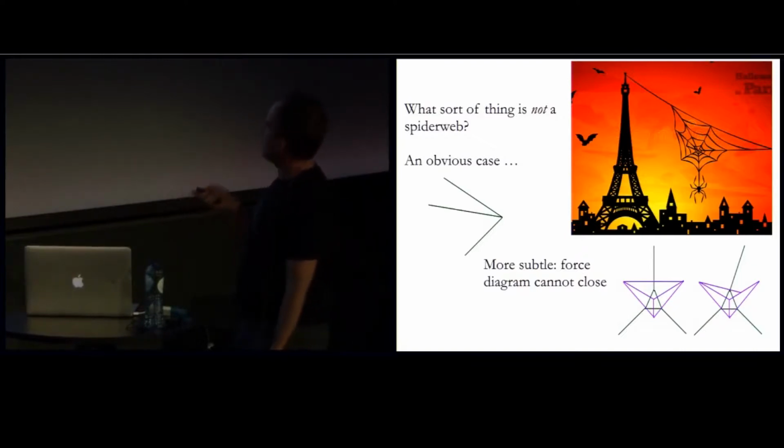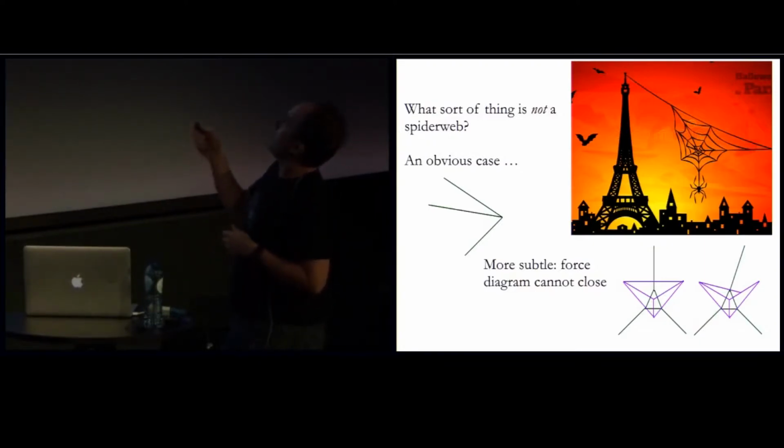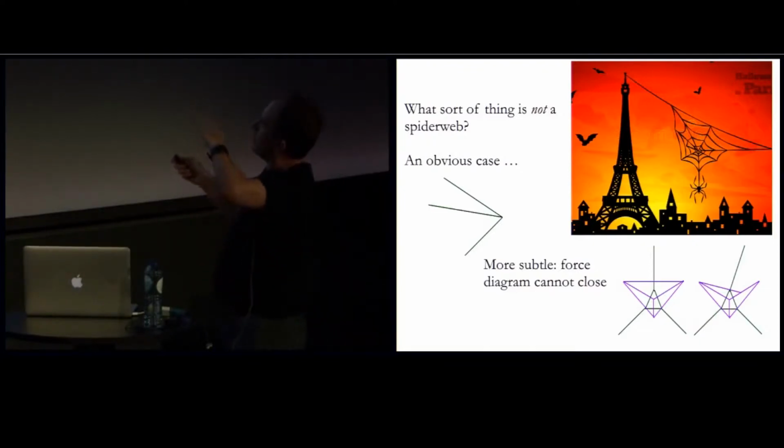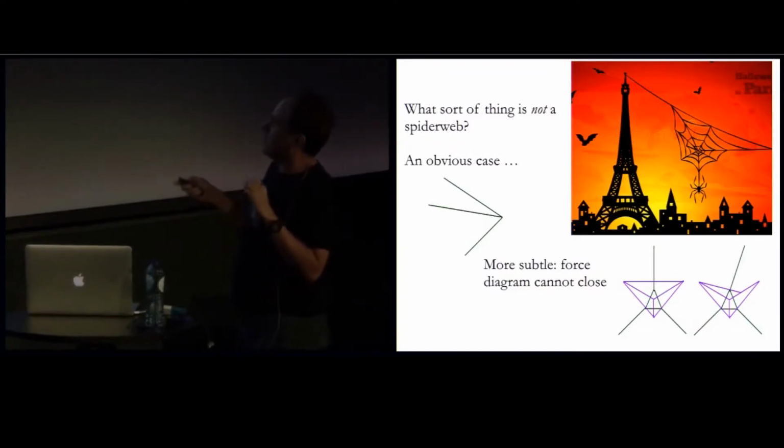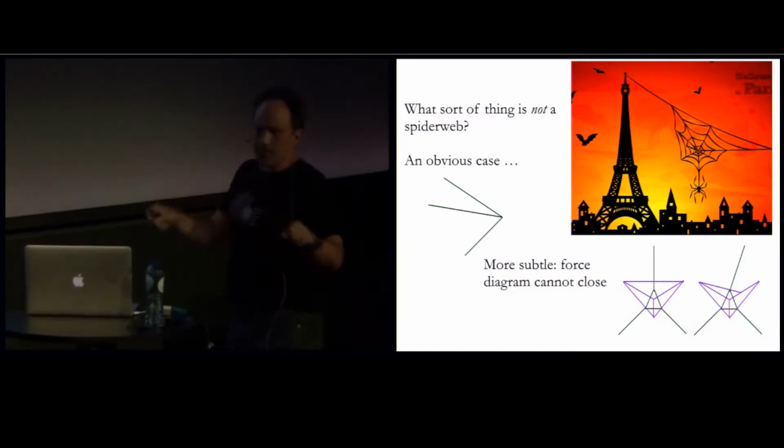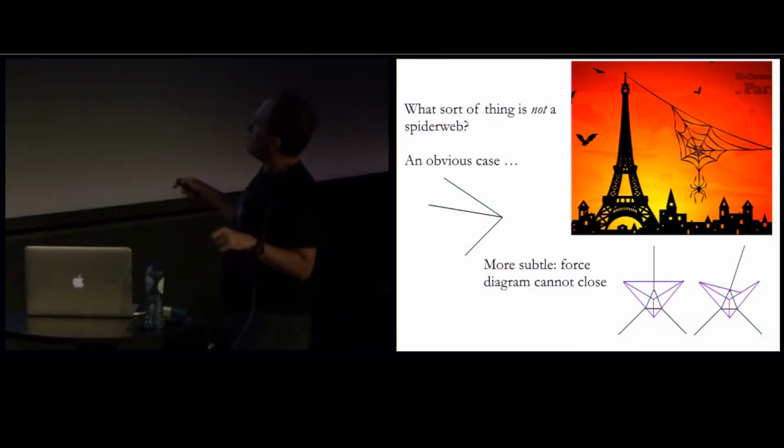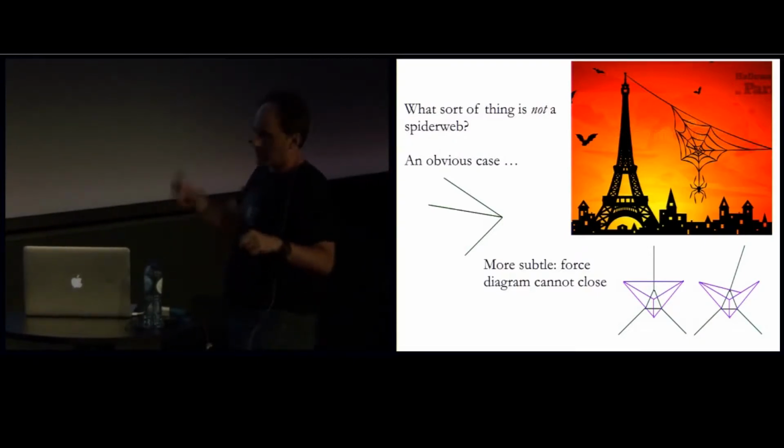And a more subtle case where you have more edges is if we took the Eiffel Tower, and this is a simplification of it. In this simplification, I'm imagining building this to be in tension and pulling on it with some force.